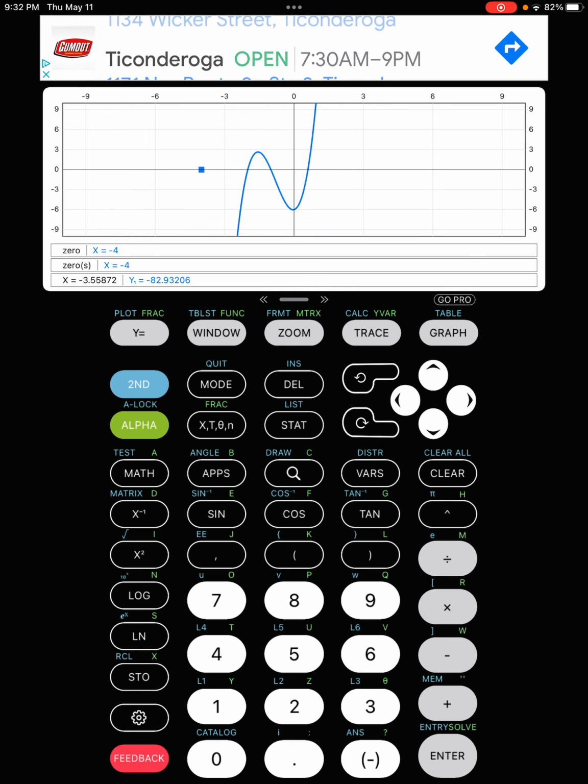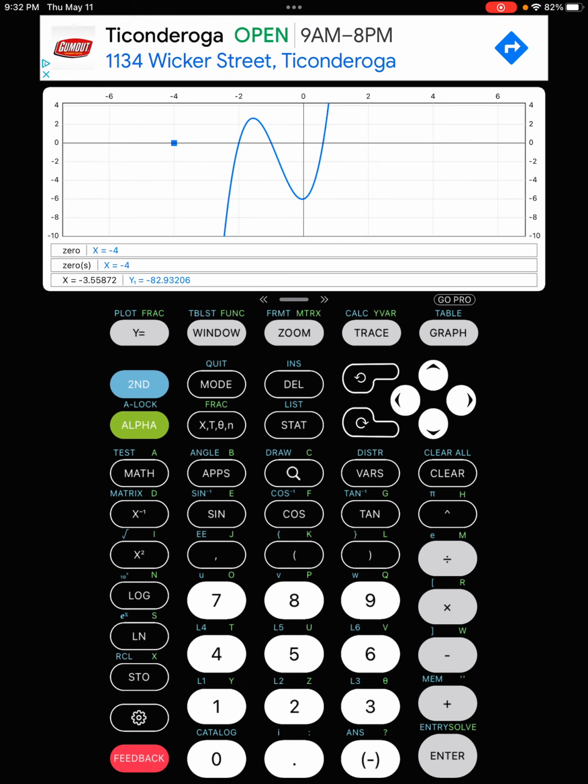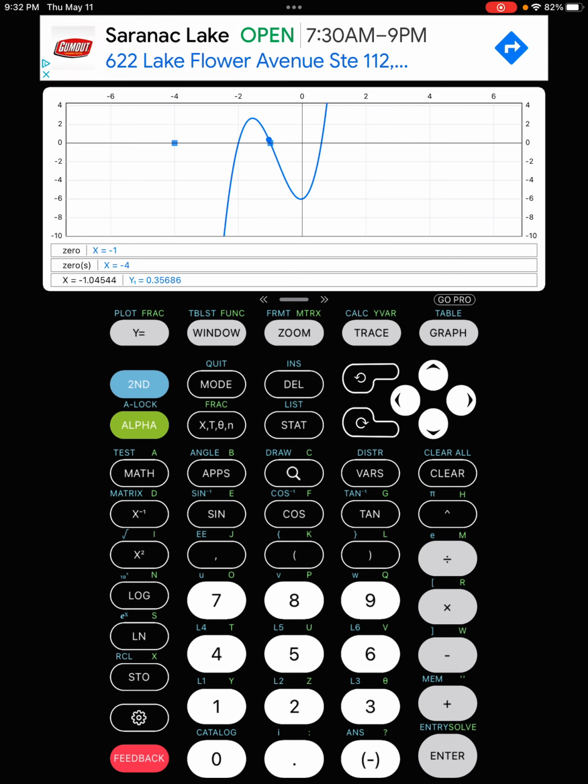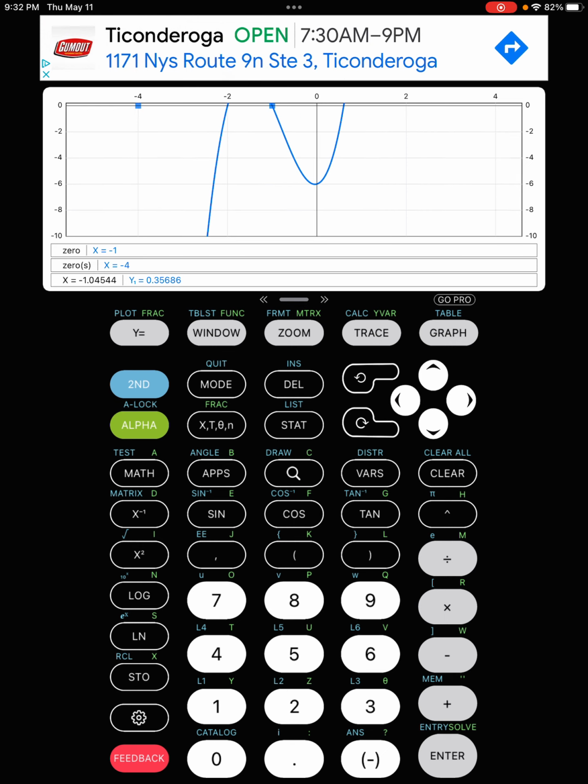It's hard to tell on the scale, but if I can move the cursor over here, let's see. Looks like where x equals -1. Oh, it's funny how that synthetic division didn't work, but I could try it again with -1.